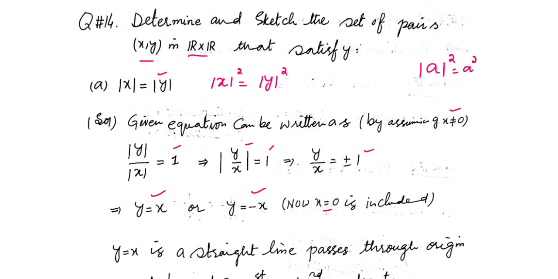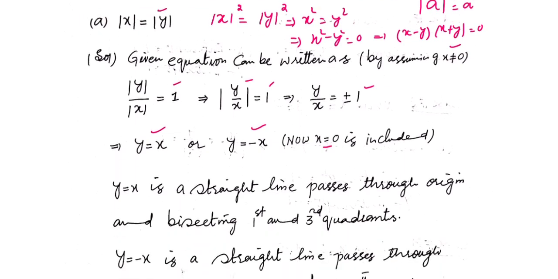So by using this result, we can write it as x² = y². And this becomes x² - y² = 0. And from here, we have (x - y)(x + y) = 0. And again, we have two equations: y = x and y = -x.